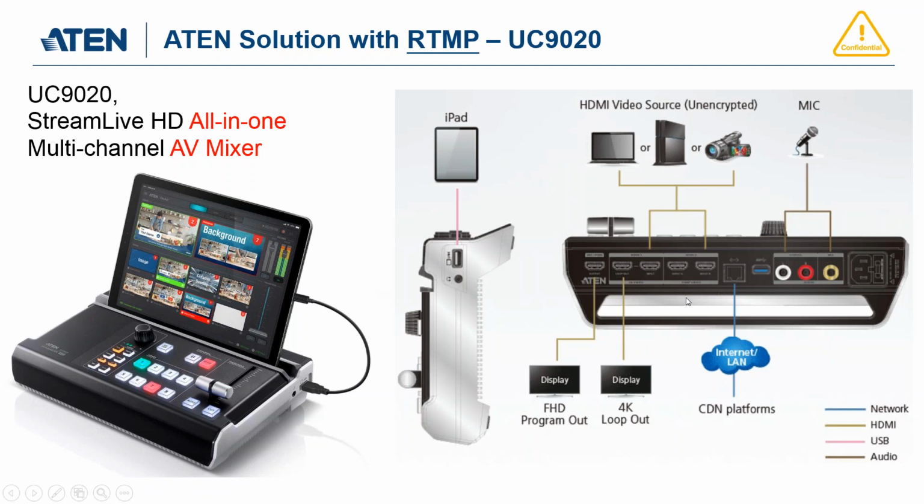But the thing is, this unit, as you can see, can have multiple input sources. To be precise, it would be two HDMI inputs. And with this unit, you can use the iPad to edit your scenes or different scenarios. As you can see, you can do PIP, you can do PBP, you can have some special effects, and then you can have it all added and output to the PGM output, the HDMI output port.